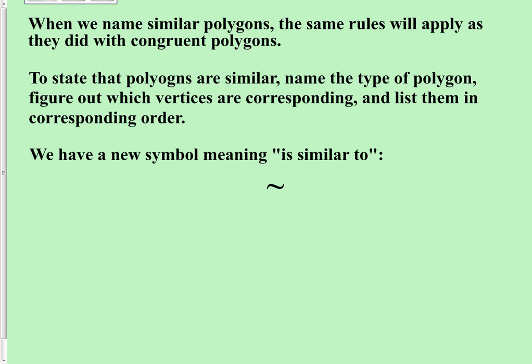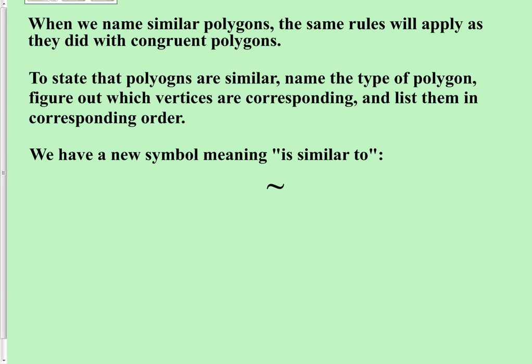Now a little side note here. Some of the same rules are applying as they did with congruent polygons, so some of this will sound familiar. When we name similar polygons, the same rules will apply as they did with congruent polygons. So when we identify what corresponds to what, we will make sure that we list those vertices in corresponding order from one figure to the next.